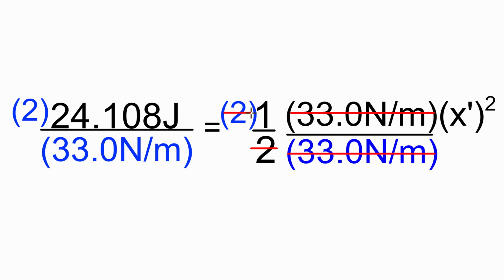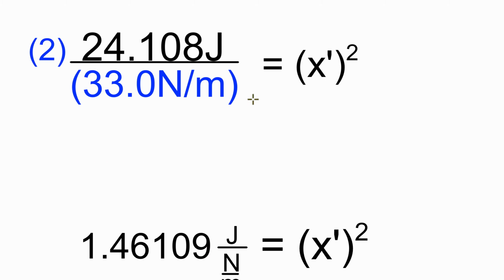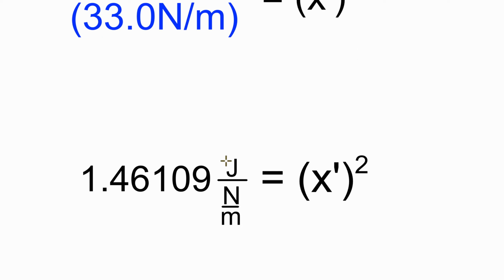So by doing that, we have canceled the k value and the fraction, and then all we're left with is this stuff on the left-hand side. And when we multiply 2 times 24.108 over 33.0, we end up getting 1.46109. So the units we have are joules over newtons per meter.